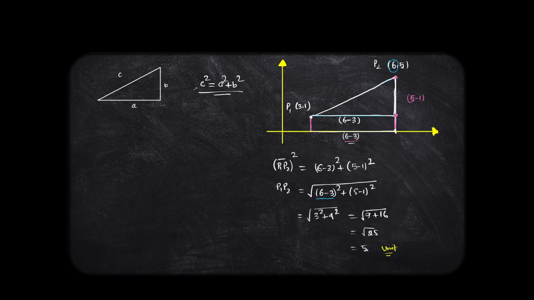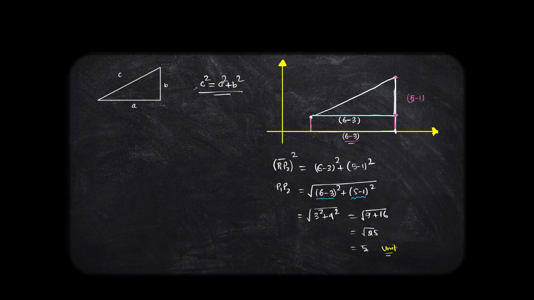What is 3? The x coordinate of P1. Again, it is 5 minus 1. 5 is the y coordinate, and this 1 is again the y coordinate. So basically you see they took the differences of the corresponding coordinates, and then squared them, and then in between plus and under root.